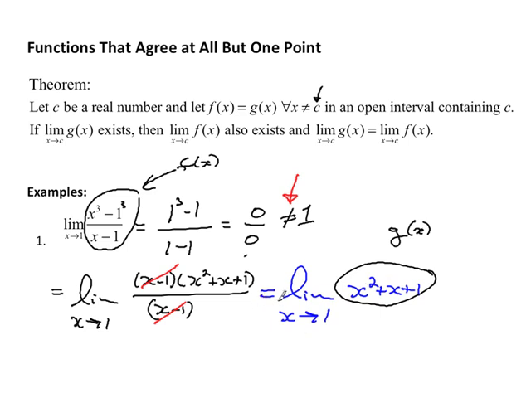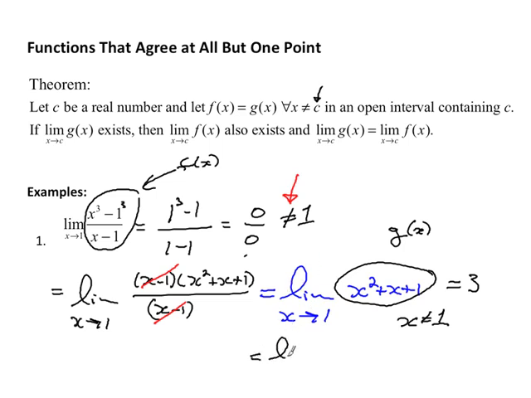See, these two guys are equal for all x provided x is not equal to 1. Because if I make x equal to 1, f of x is 0 over 0. We don't even know what that means. But if I make x equal to 1 here, I get 1 plus 1 plus 1. Well, that's 3. So if I finish up this limit, I actually get this limit as being equal to 3. So what this is saying is, I'm going to rewrite this again real quickly here.